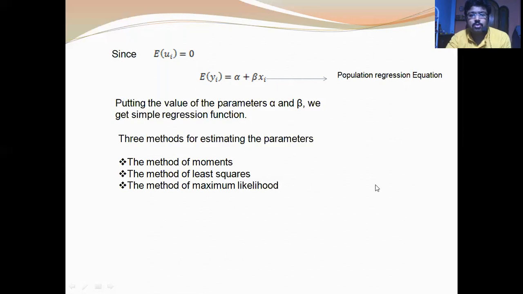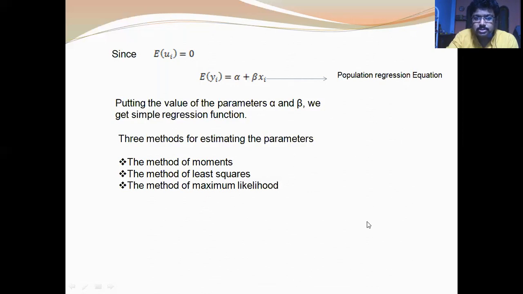Now there are three methods for estimating the parameters. The parameters are alpha and beta, that is, the intercept coefficient and the slope coefficient.